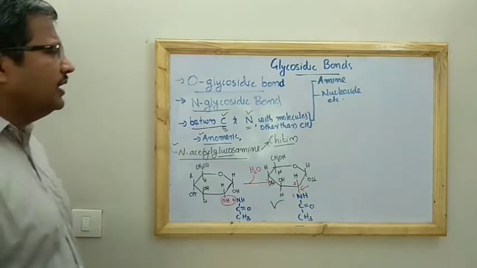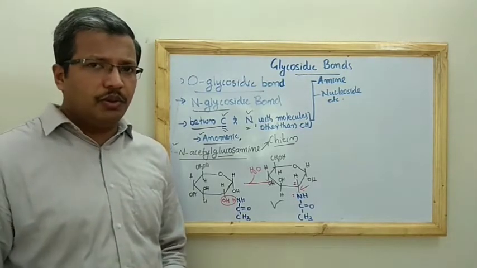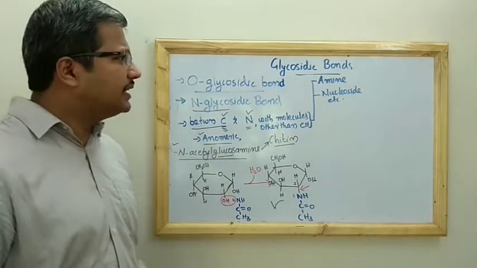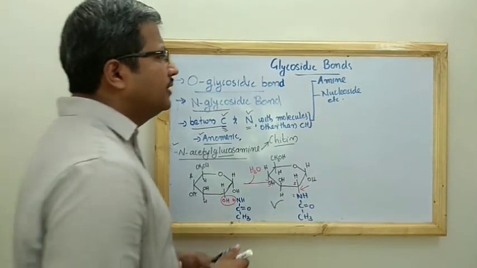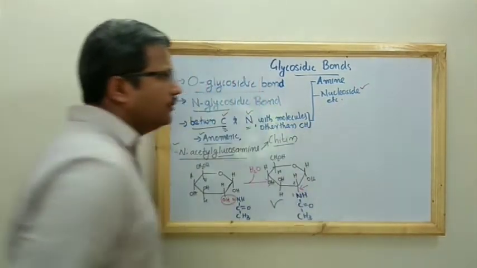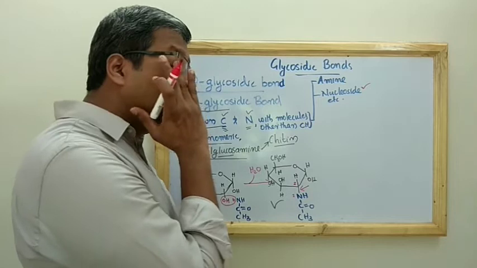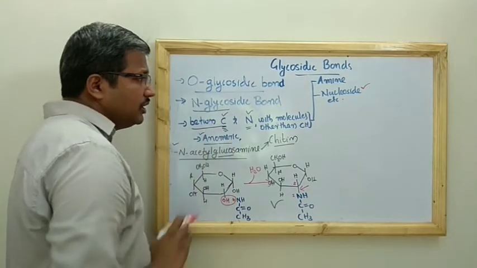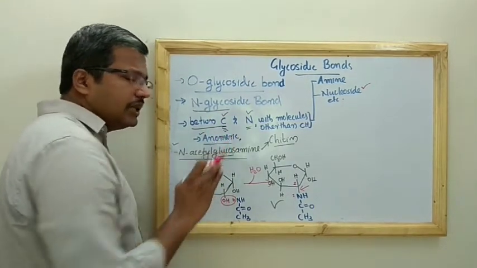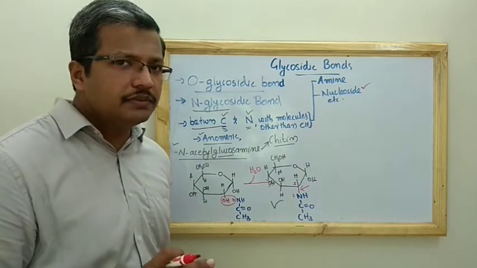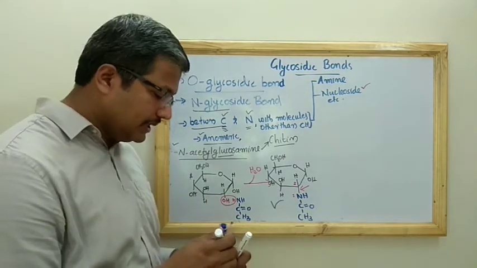Now we can see another N-glycosidic bond where anomeric carbon is involved. The best example is nothing but the nucleoside that we are learning. Okay, so nucleoside is there where N-glycosidic bond is formed between the anomeric carbon of ribose and nitrogen of the nitrogen base.